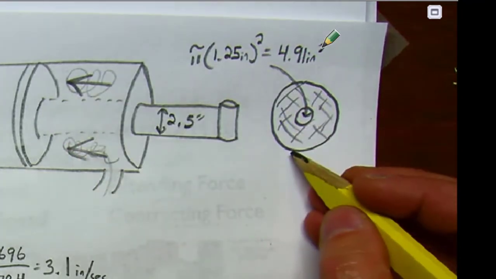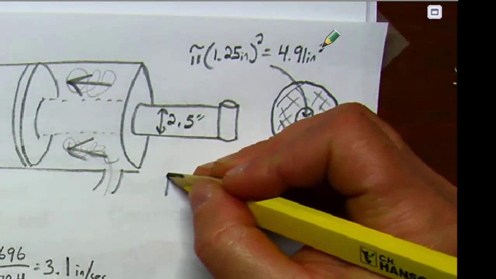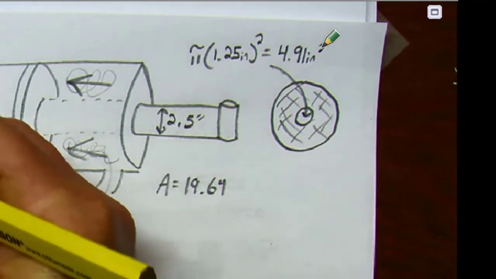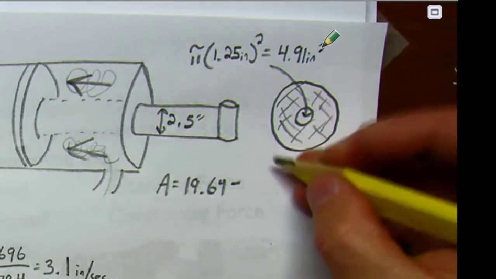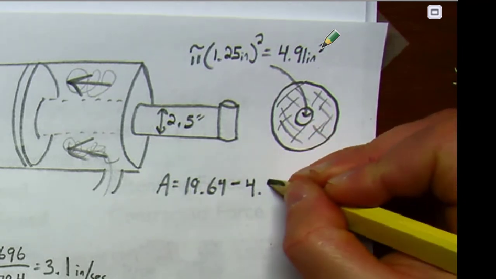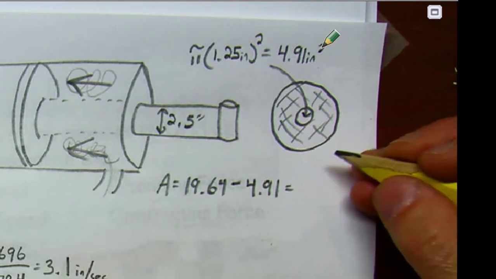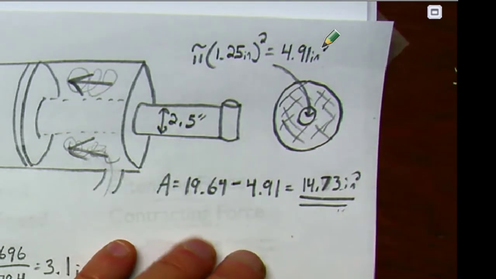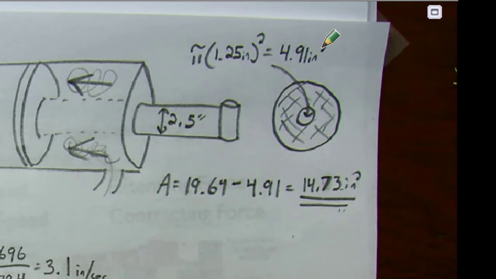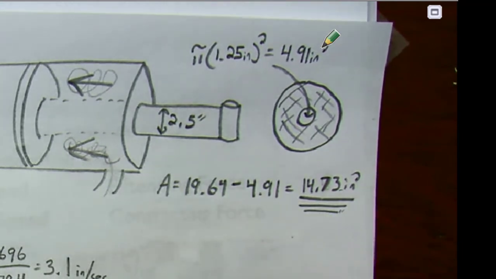And so the area of the annulus is going to be 19.64, the whole piston, minus the hole where the ram attaches. It's not really a hole, but the spot where the ram attaches. And you're going to end up with 14.73 square inches.